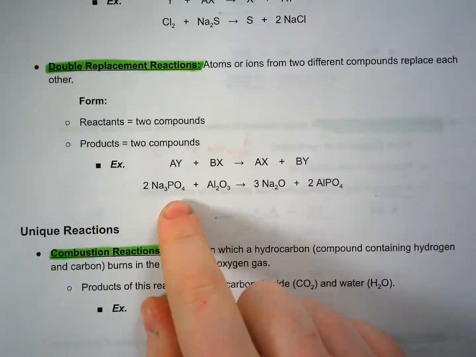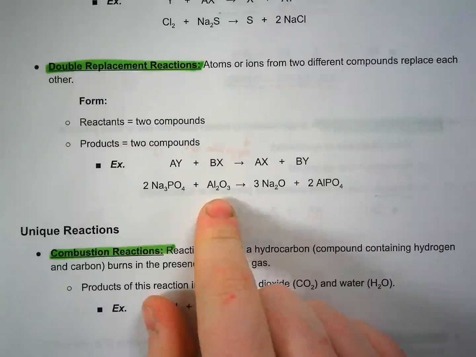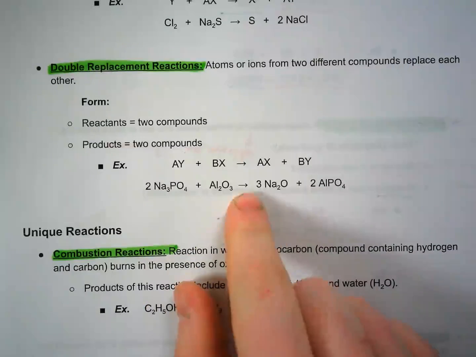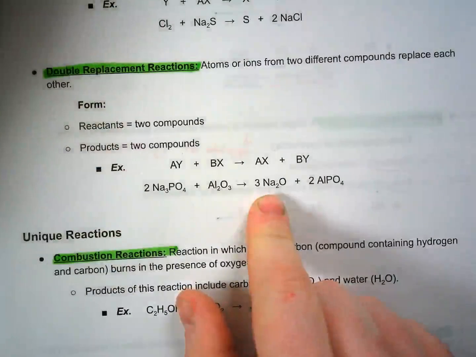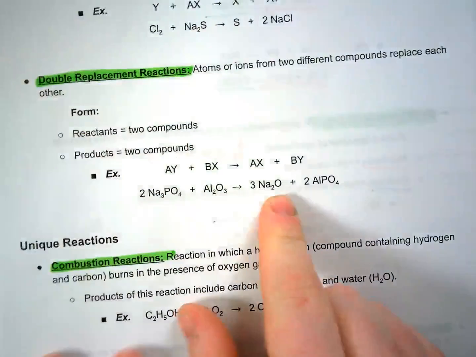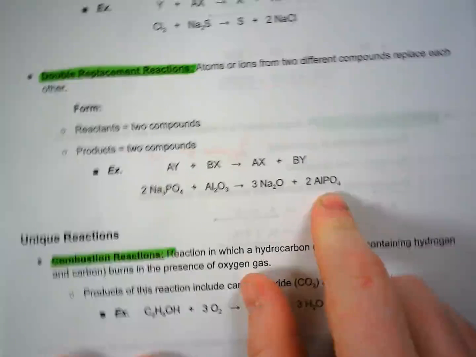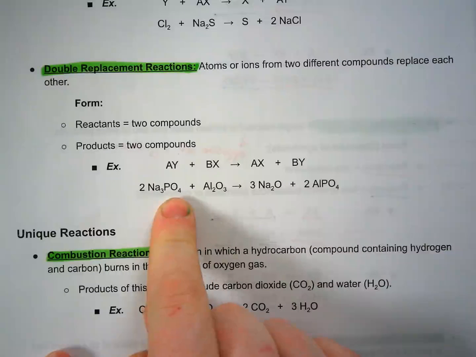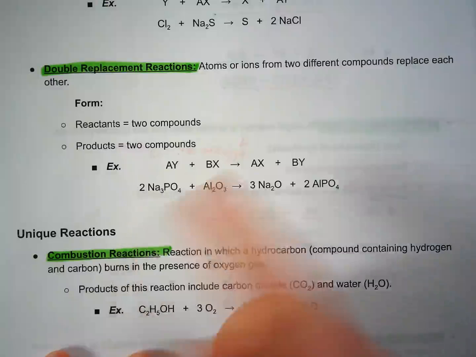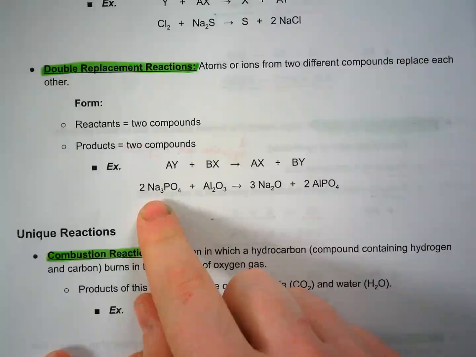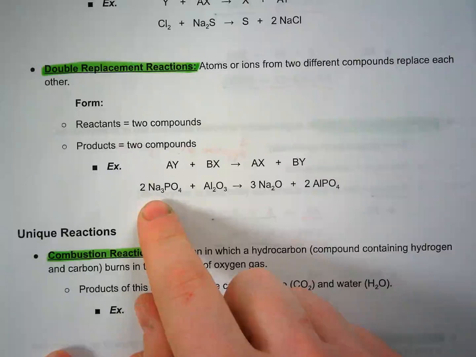So it would look like this. You'd have sodium phosphate reacting with aluminum oxide, and this is going to yield for us some sodium oxide and then aluminum phosphate. Notice who switched. This is that half empty or half full kind of scenario.